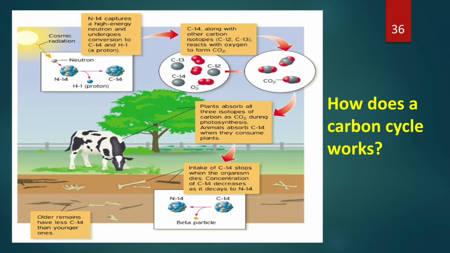And here we can see the cosmic rays coming from the corner to the atmosphere, and the energetic neutron collides with nitrogen, carbon 14 is formed, it combines with oxygen, carbon dioxide is formed, and it is captured by the living organism. As carbon 14 is very unstable, it undergoes beta decay and comes to its initial state, that is nitrogen, and the cycle continues. And this is how the whole carbon cycle works.